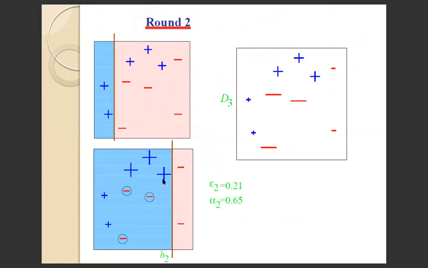So in round 2, you are making this cut. So over here, this cut, right? These 3 are making mistakes. Okay. So these 3 are making mistakes.